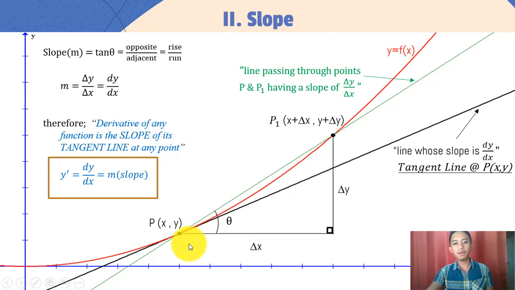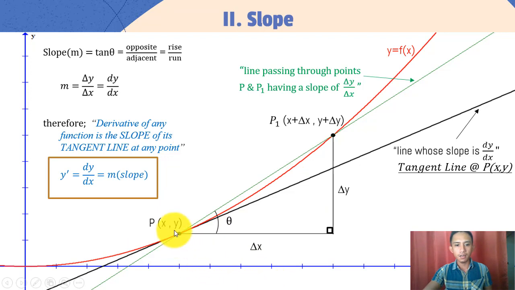If I consider here a point on the function, let's say that is point P. We do not know the coordinates, it is just any point. So that is P with coordinates x and y. Let's consider that point. This is the graphical explanation of that delta y over delta x.